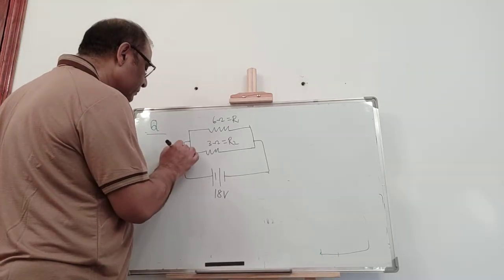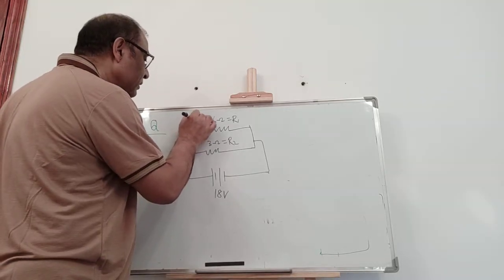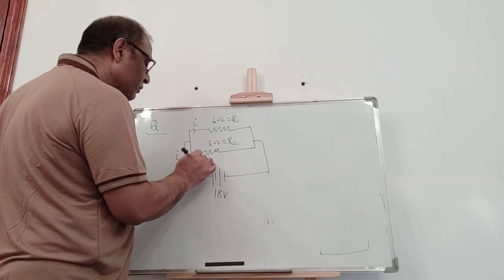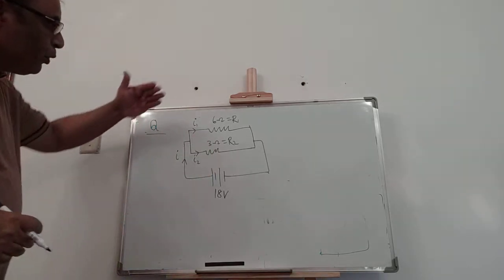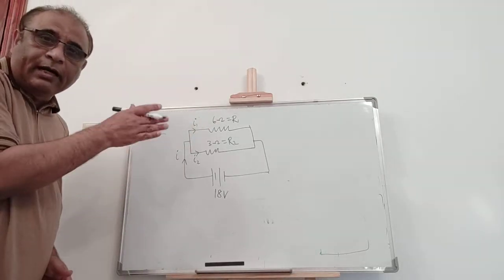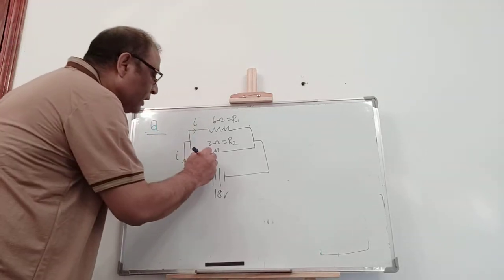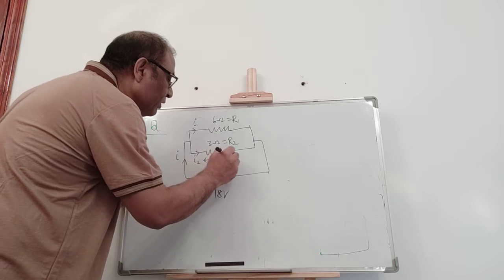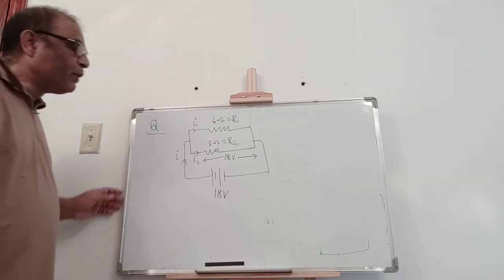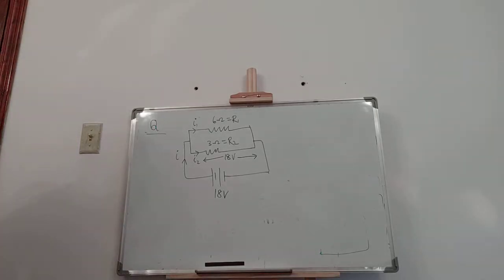Current I is distributed here. Both 6 ohm and 3 ohm are in parallel, so the potential in both cases will be 18 volt.